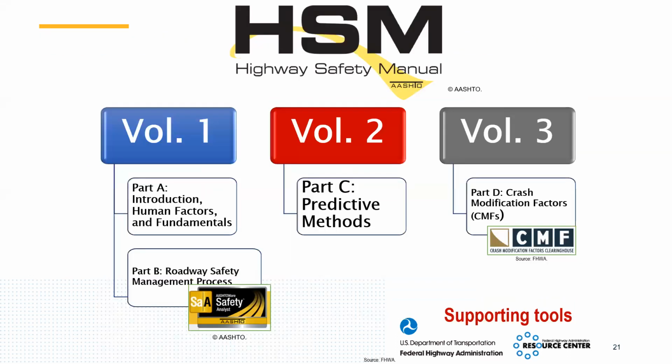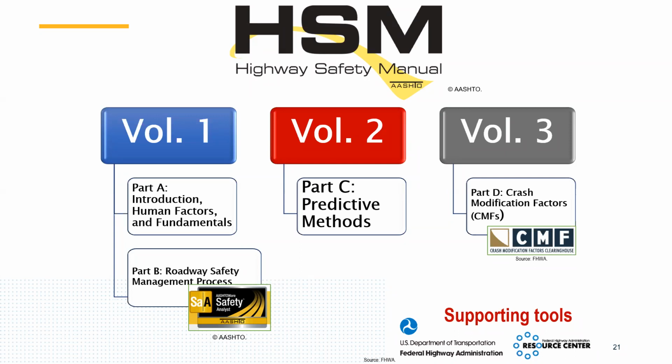The Highway Safety Manual, published in 2010 as the first edition, has 3 volumes. Volume 1 includes some introduction and fundamentals, and Part B of Volume 1 covers the roadway safety management process, which has an associated tool that can implement the methodology, the SafetyAnalyst.